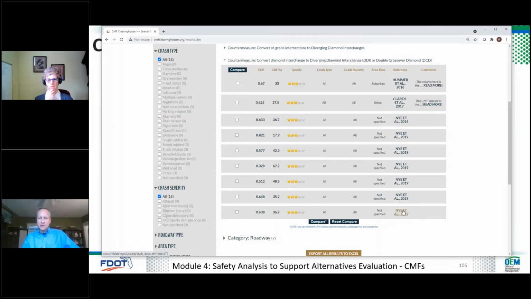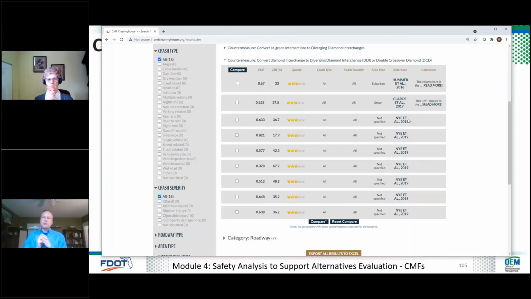And what you might notice is that there are 7 of them that are all from the same research. They're all from the same piece of research. They all apply to all, and so you're like, well, what gives? I've got widely varying stuff here, and it's all from the same research. And you clearly cannot work from this page. You can't just pull a number right off of here.